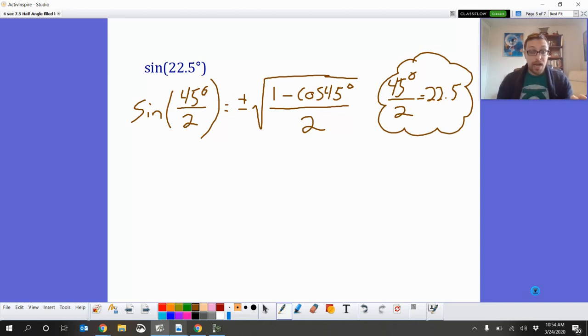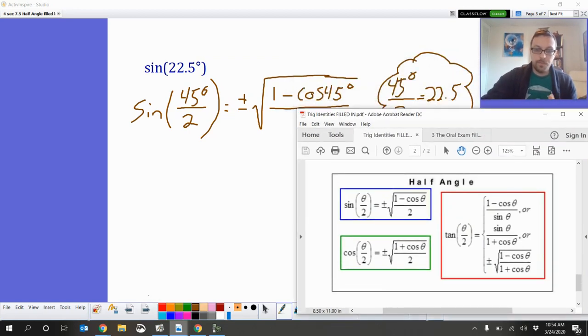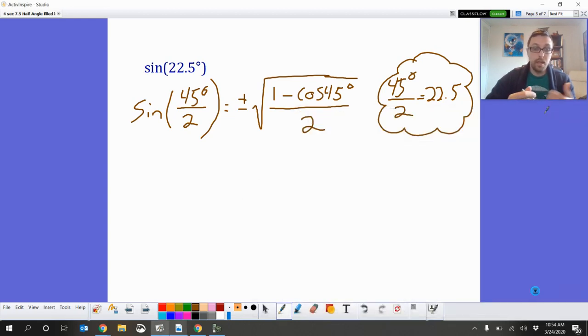And I put that 45 in where theta is, and we also want to have that same theta spot. To decide the plus or minus, we're going to take a look at where 22.5 is. 22.5 is in quadrant 1.